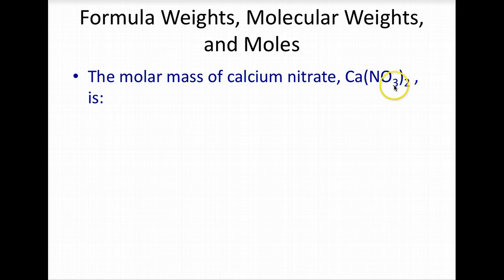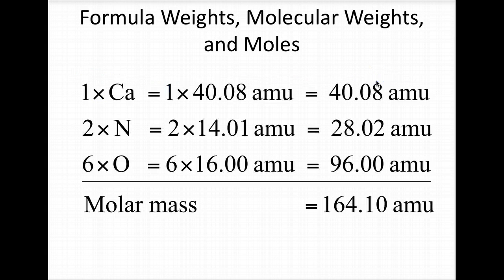So I now have 6 oxygens and I have 2 nitrogens. So when I do my additions, I have 1 calcium at 40.08 AMU, 2 nitrogens at 14.01 from the periodic chart, and 6 oxygens at 16. Multiply those together, add them up, and I get a total mass of a mole of calcium nitrate of 164.10.